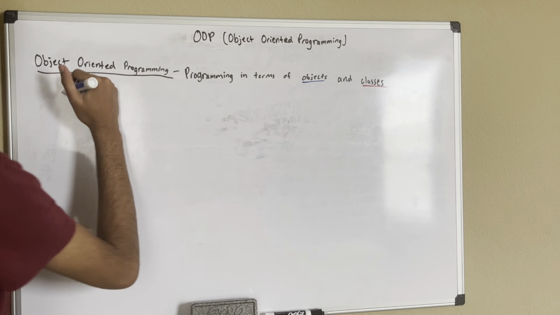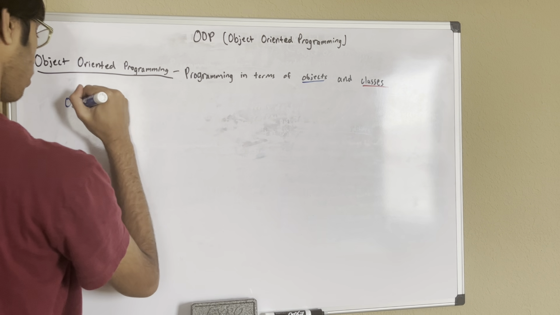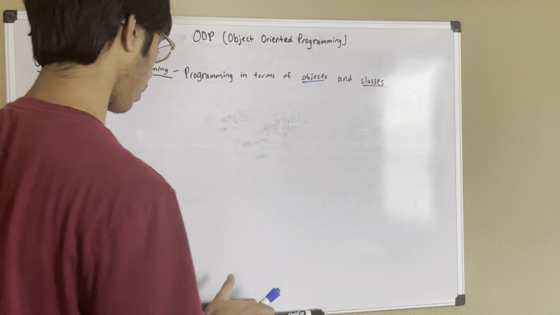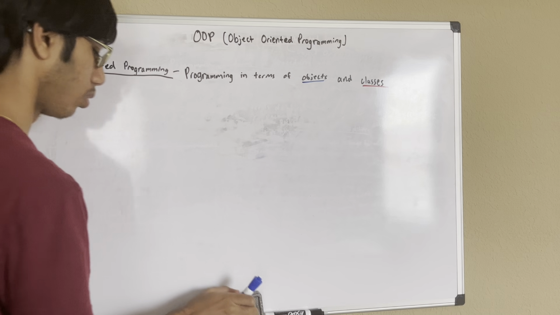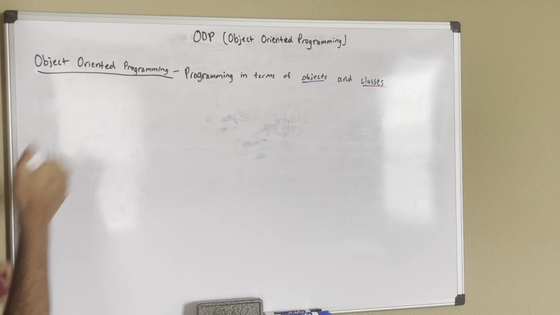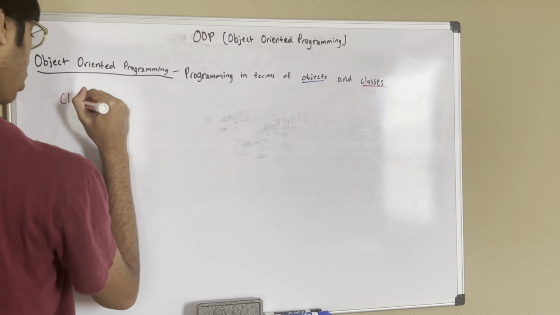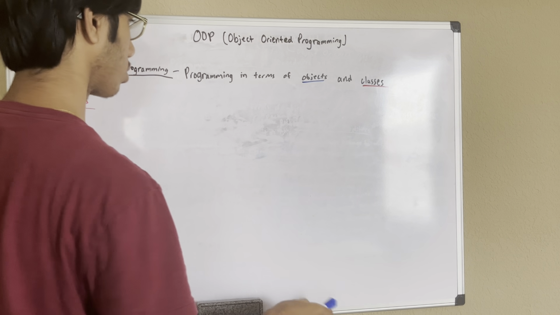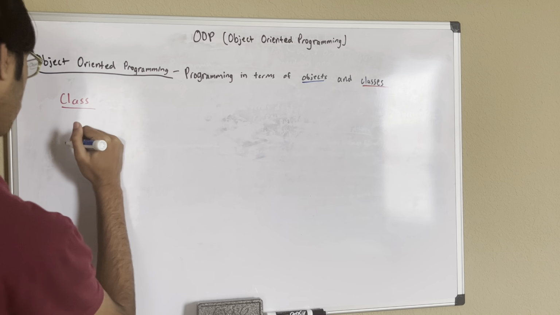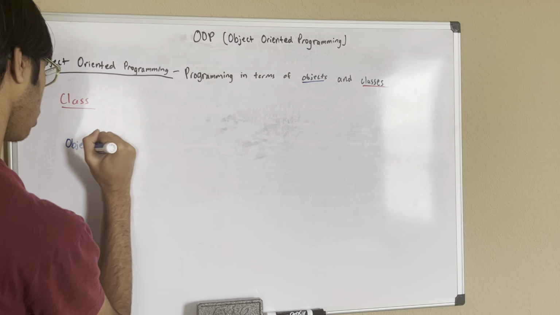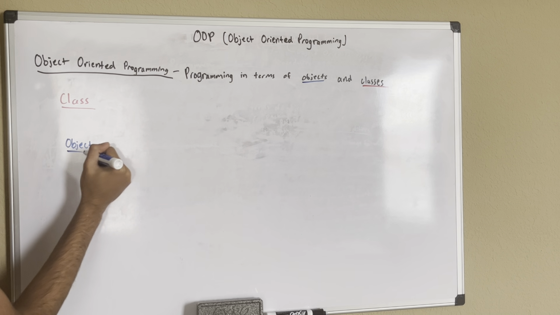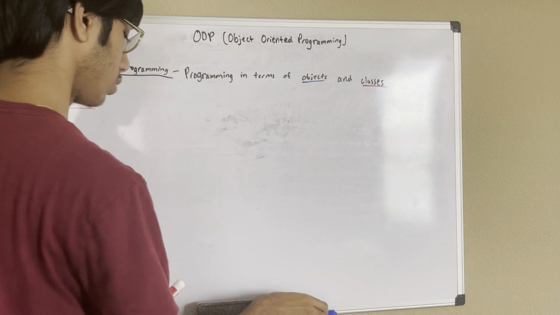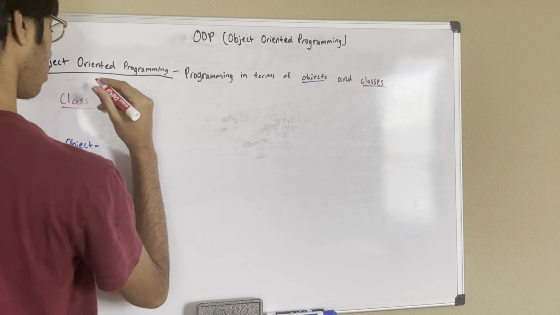So, two terms: class and object. I should put class first and then object, because that's kind of the order of how it follows. So let's define both of them.